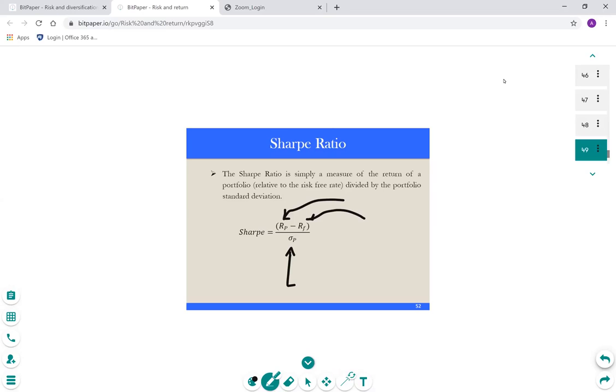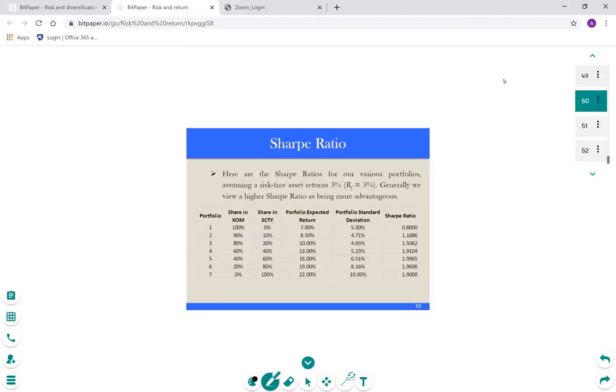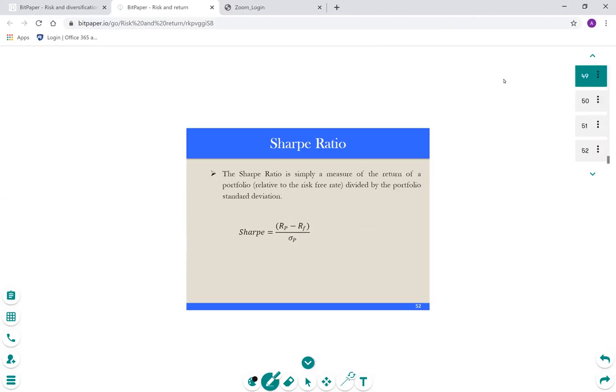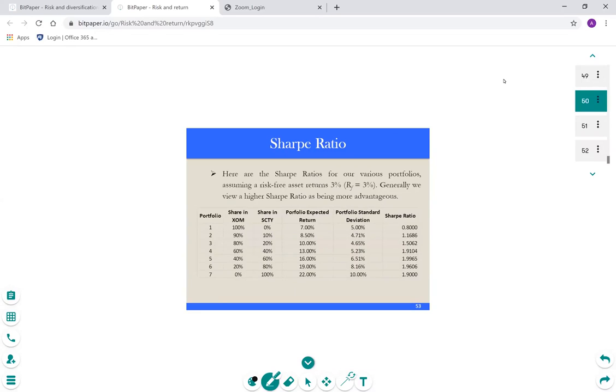And you can see that you'd want to have this as high as possible. It'd be more advantageous to have a high return on the portfolio relative to the risk-free rate divided by the standard deviation. That would obviously be a better portfolio, one that would return more for a given level of risk. So we can compute the Sharpe ratio for our portfolio. We plug in the return on the portfolio, subtract the risk-free rate, and divide it by the standard deviation of the portfolio. Those parameters are going to depend on the shares.